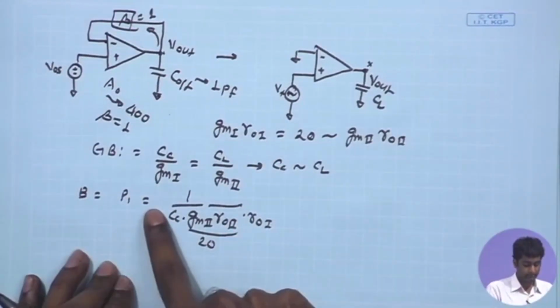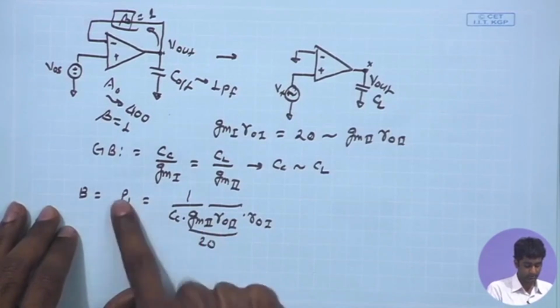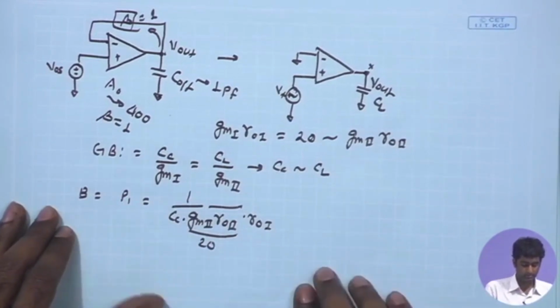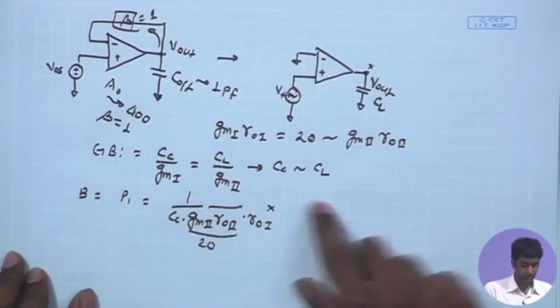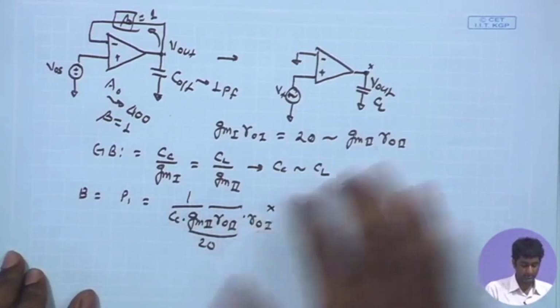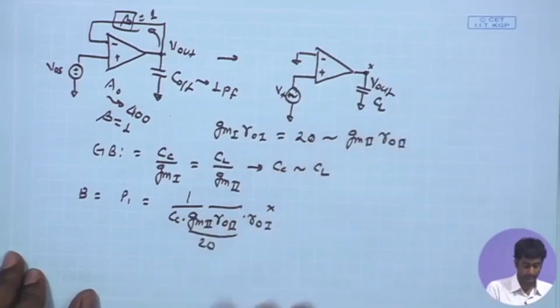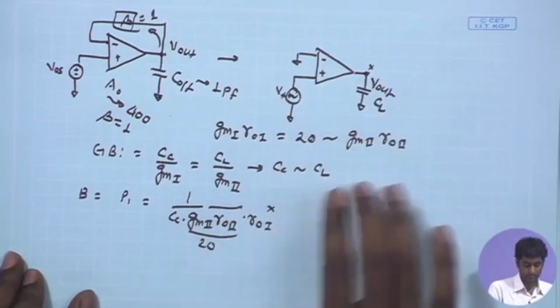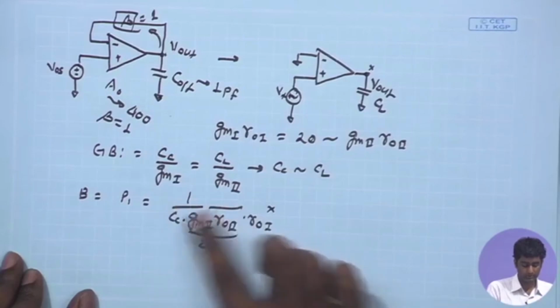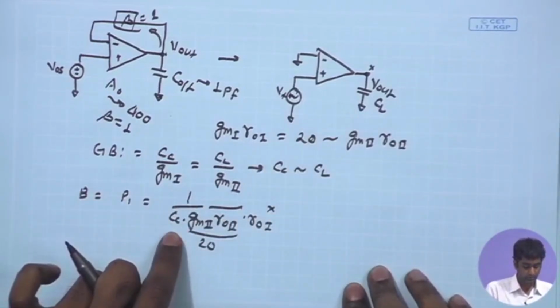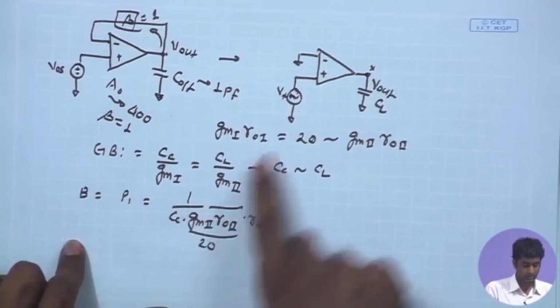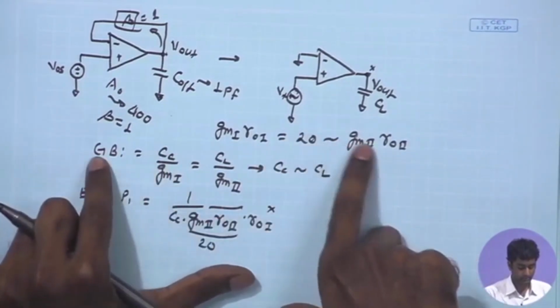So, here we have P1 given by this product, and the overall gain, which is given by the GM RO1 GM2 RO2 product, is just going to be GM upon Cc. Based on this, we have to estimate the overall gain bandwidth we are able to obtain.